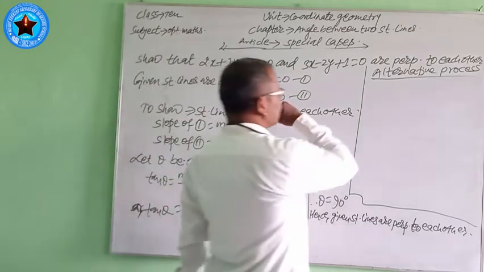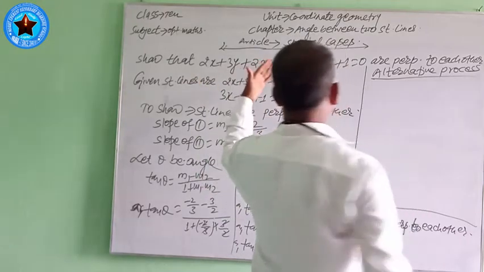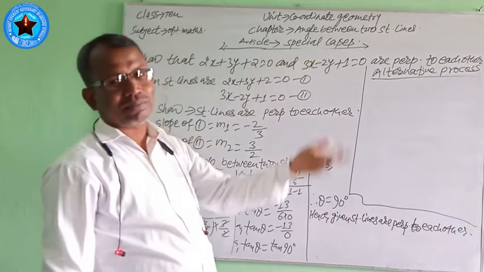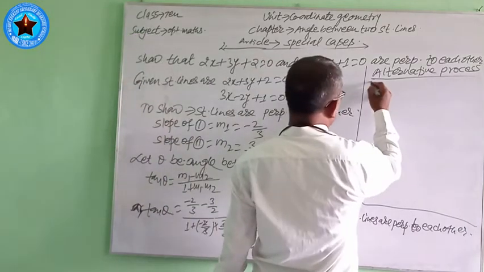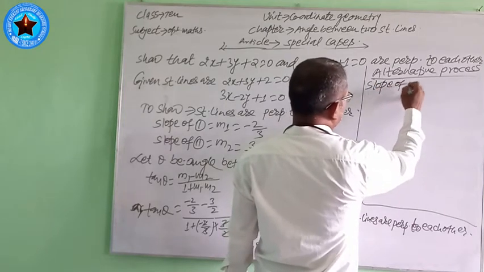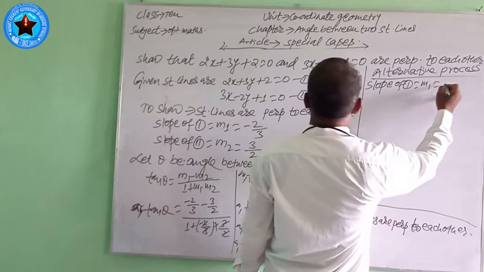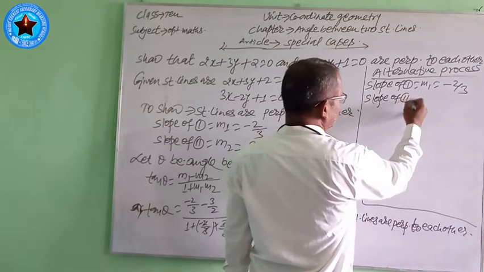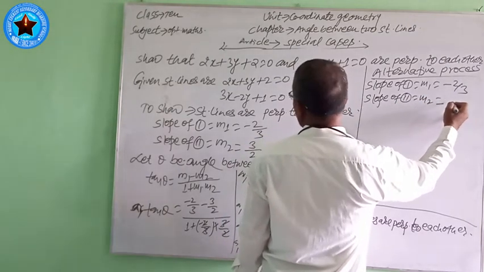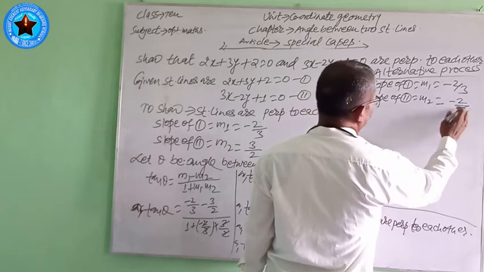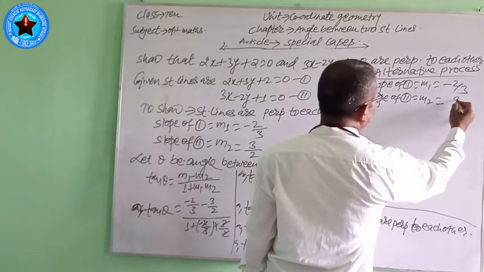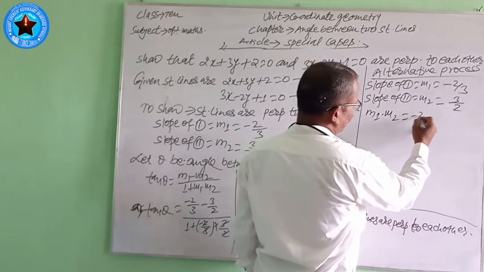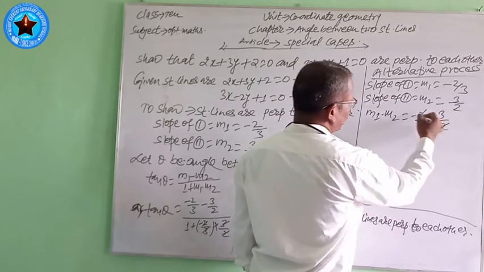In the alternative process I am going to use case number 2: two straight lines are perpendicular to each other if the product of their slopes is minus 1. That is, slope of 1, m1 equals minus 2 by 3, and slope of 2, m2 equals 3 by 2. m1 into m2 equals minus 2 by 3 into 3 by 2, cancel.